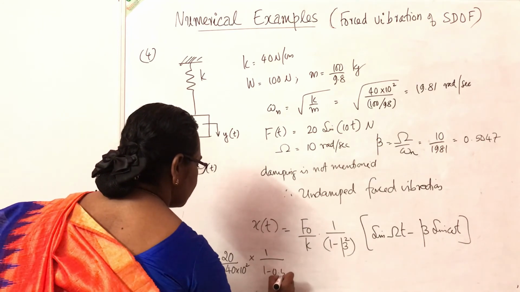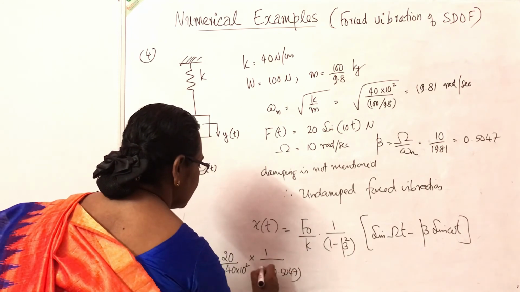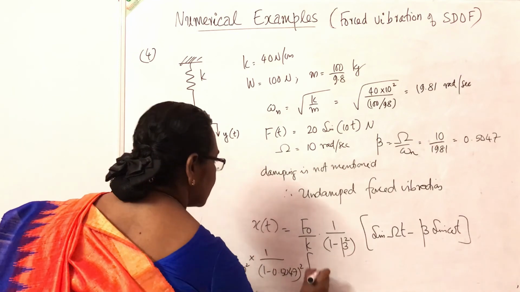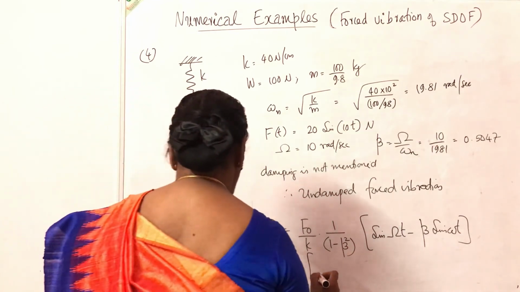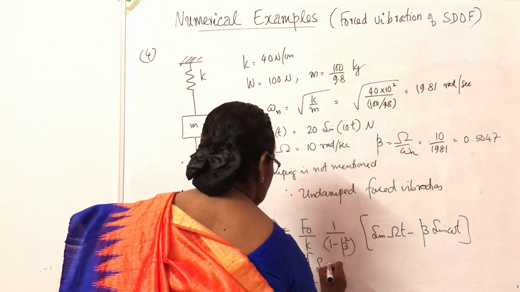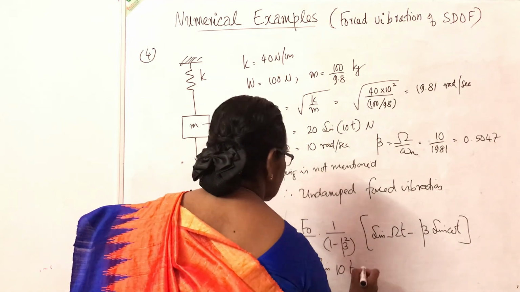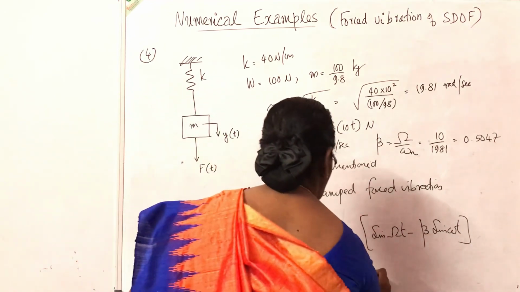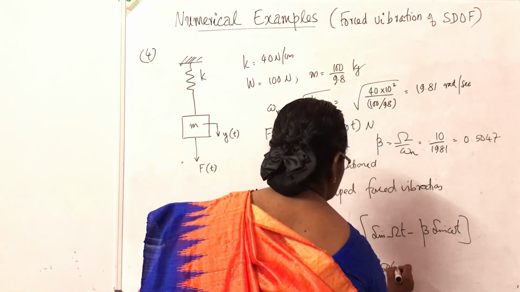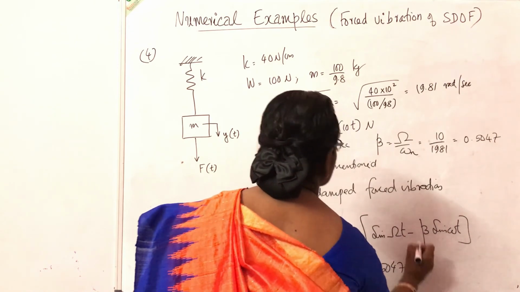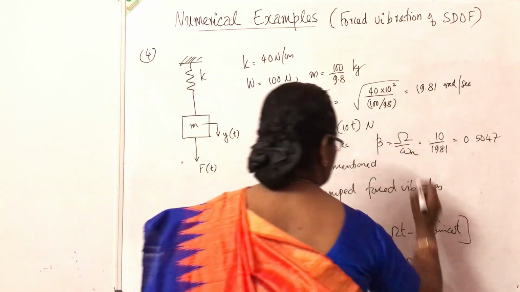1 minus 0.5047 square, into sin 10t minus 0.5047 sin, the natural frequency is 19.81 t.